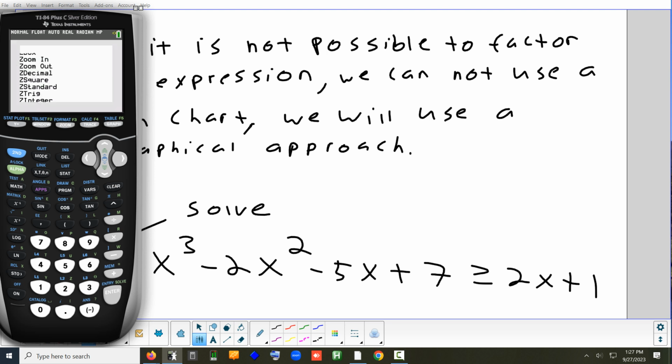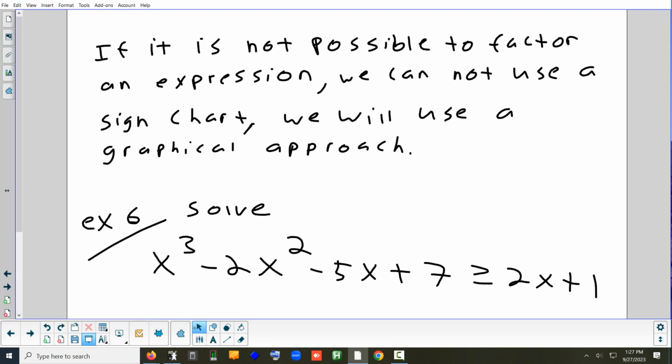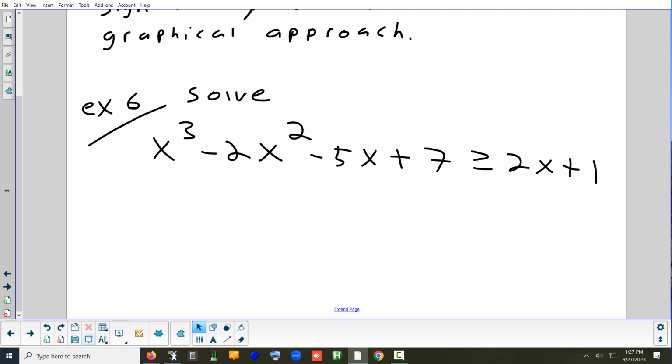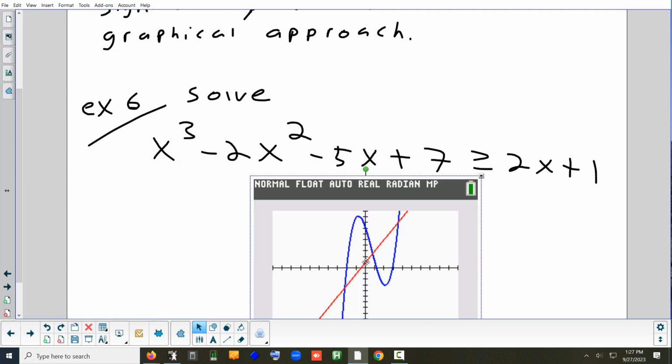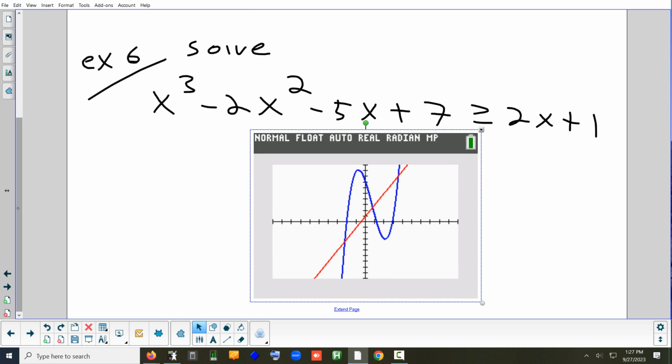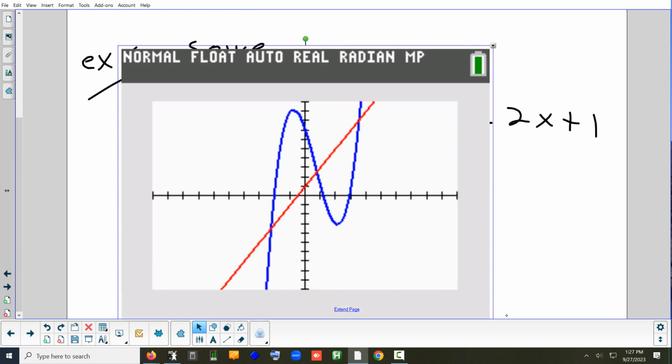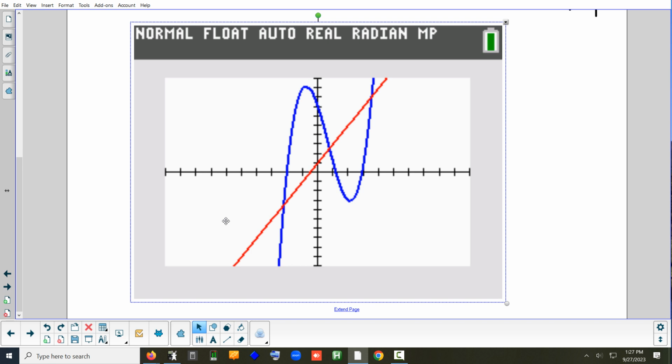Let's do zoom 6. In blue, there's the cubic, and in red is the line. We want to know where the cubic is above the line. It goes above it a little bit, then it goes below it. So there's really 4 sections on the blue line.